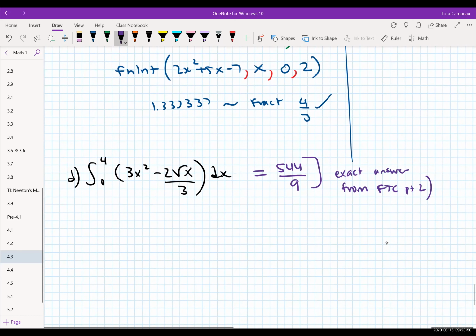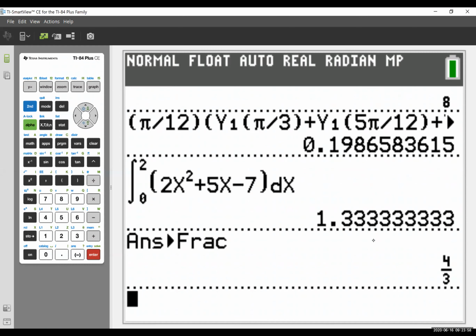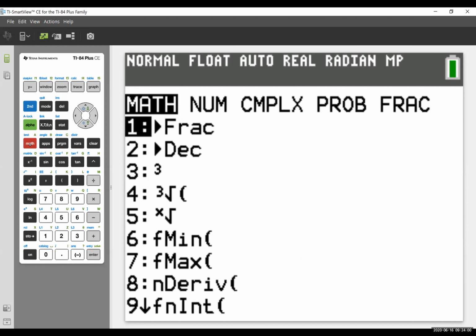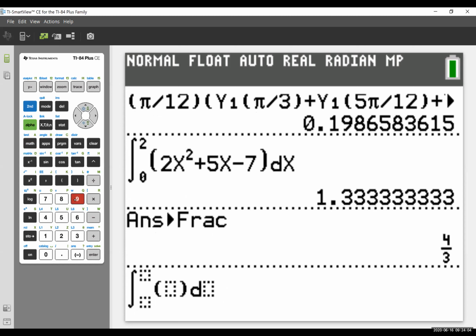So let's see what our TI gives us. Let's go back. Again, one more time, we're going to press the math key and go to 9. It's going to pull up the integral, or the syntax we have to type in. With our function, let's see, upper and lower limits.